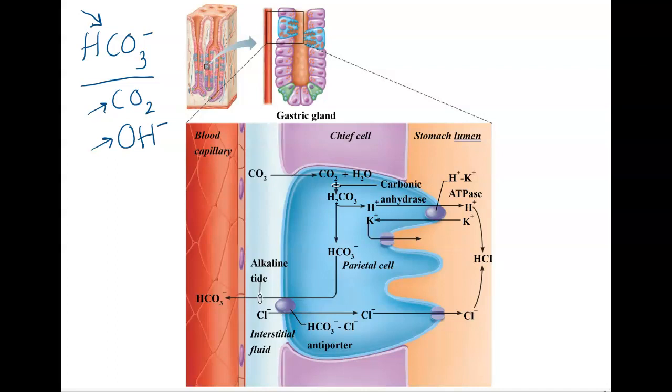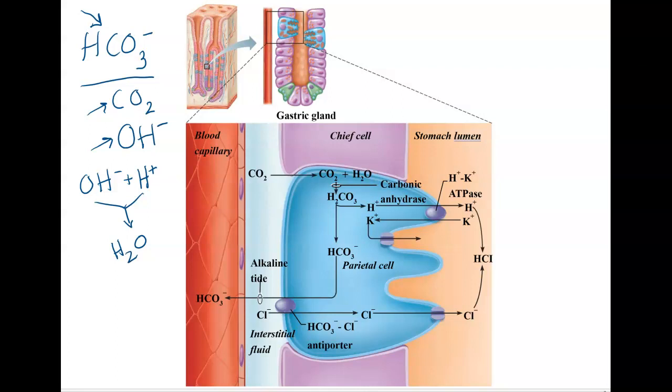And the value of that hydroxide ion is that it can bind a hydrogen, and then what we get, these two, is water. So if we're trying to buffer pH, if it's too high, we can add hydrogen ions or remove hydroxide ions. If it's too low, we can do the opposite by removing hydrogen ions or adding hydroxide ions.